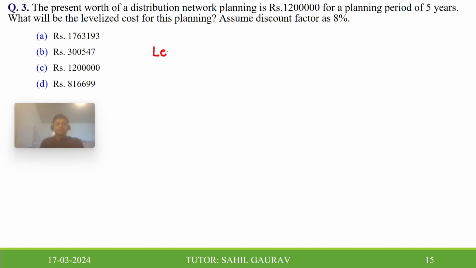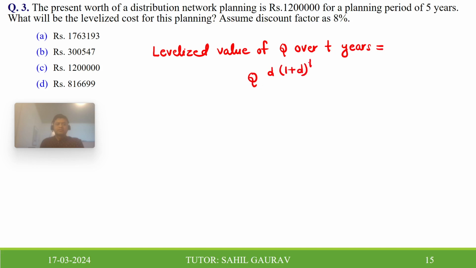I have mentioned one point: the levelized value of Q, this present worth over T years, is given as Q into, in the numerator d into (1 plus d) to the power T, and in the denominator (1 plus d) to the power T minus 1.